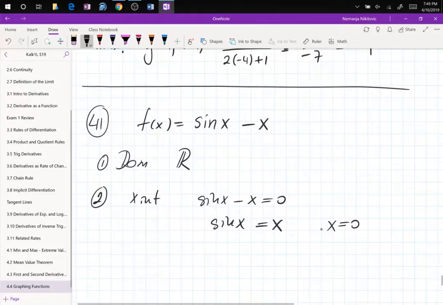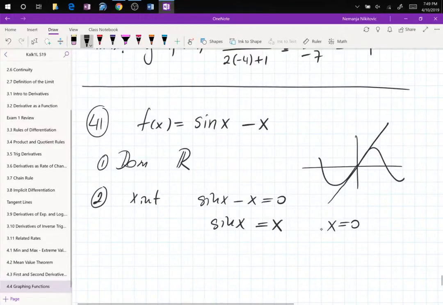And does it happen again? No. We know that because of the graph. When you draw sine x like this, and you draw the 45-degree line, it only cuts through the origin. So there is only x equals 0, which gives us (0, 0). And this is immediately the y-intercept as well. So this is a point that I will be graphing.